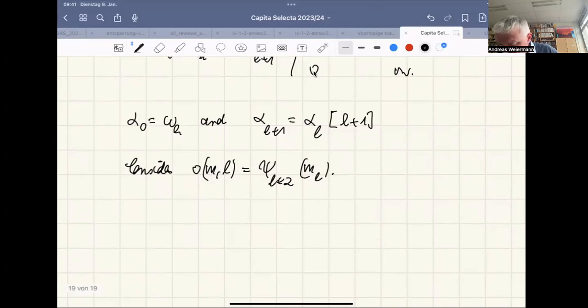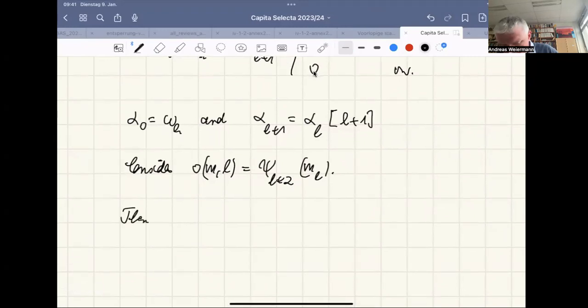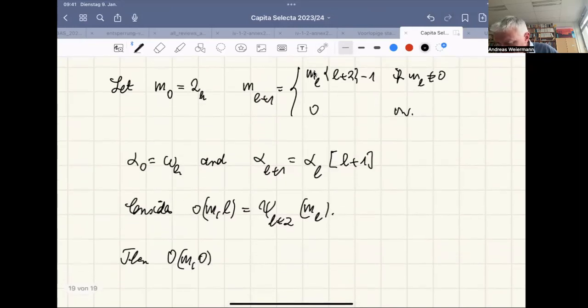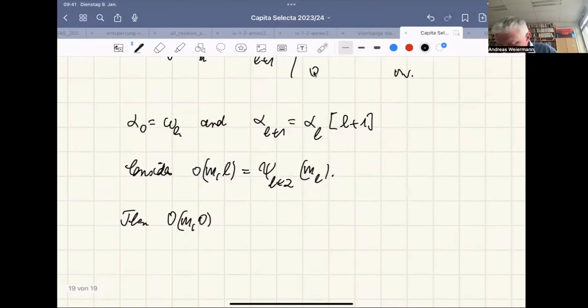And what we have? O(M0), M is 2 index K, this is C2 of M0, this is omega K, this is alpha 0.